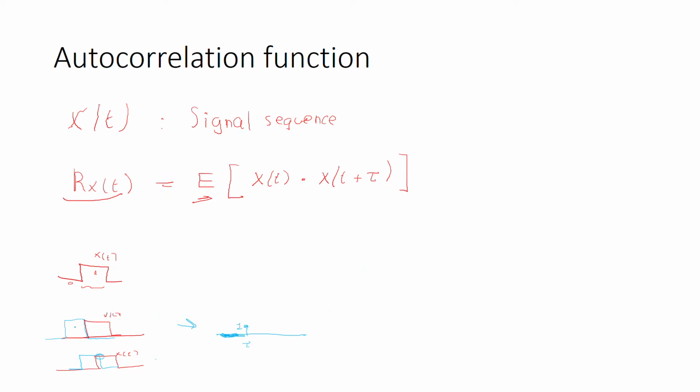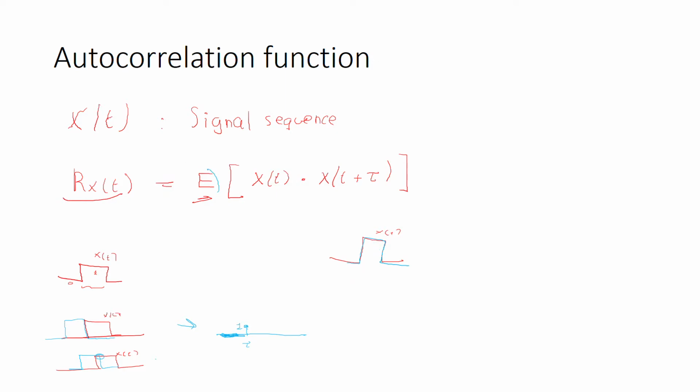Again you're going to move forward, and x(t), as I told you before, remains static in position, while the sliding function is now here. It becomes, at the same position as the original signal, and the multiplication of both signals will be 1 times 1 equals 1.